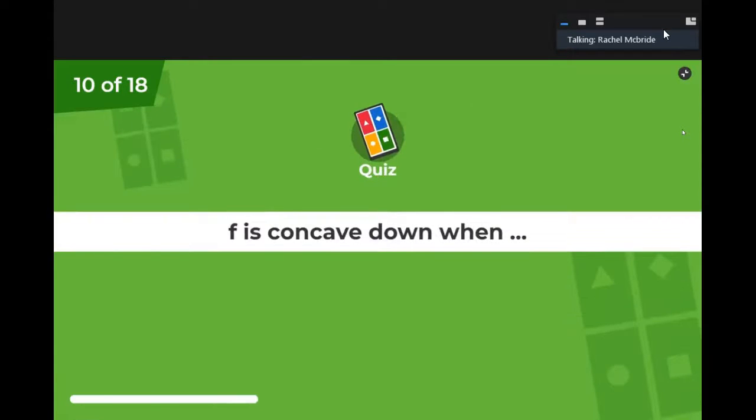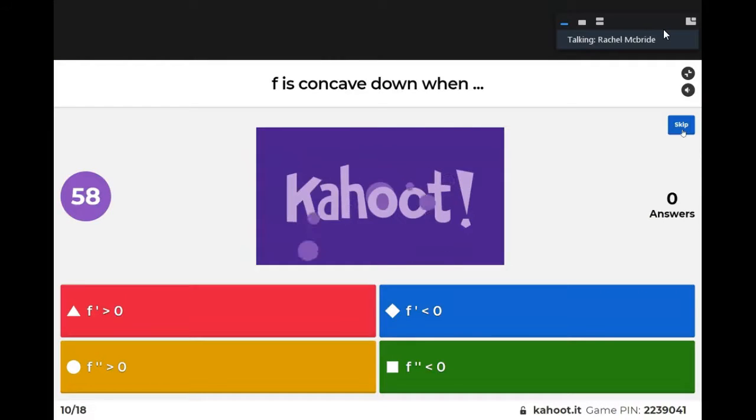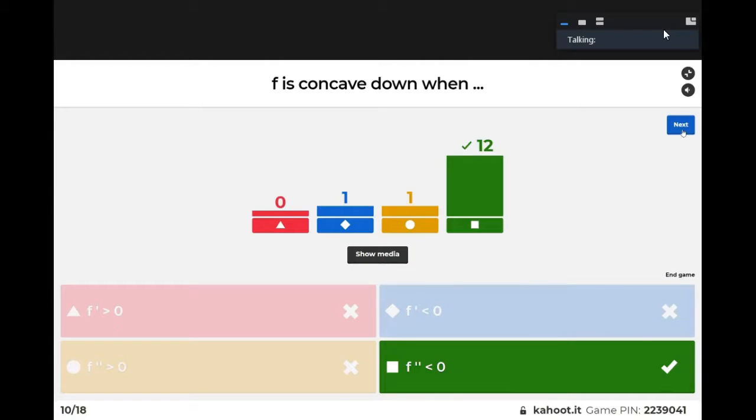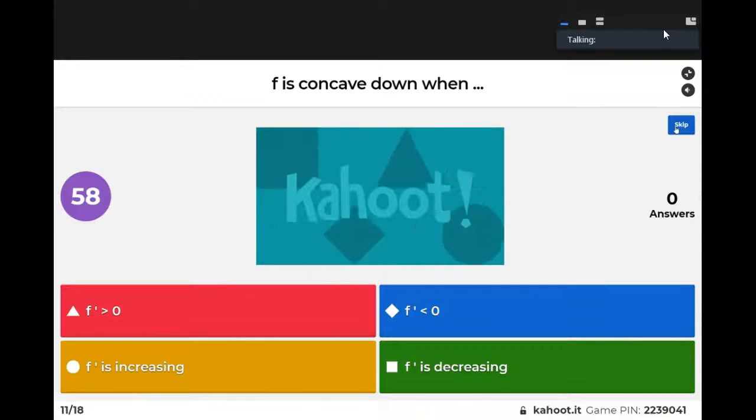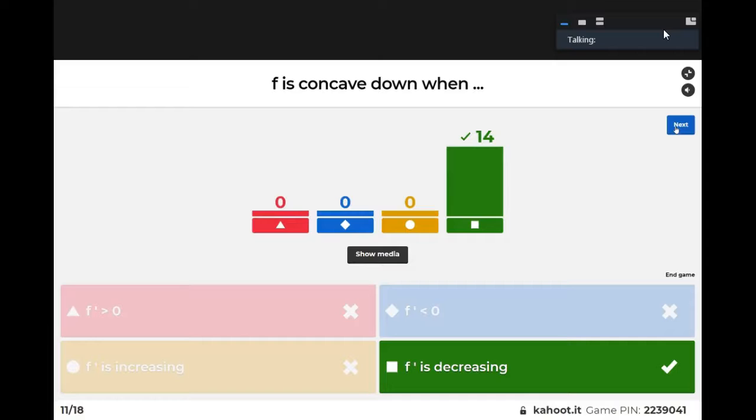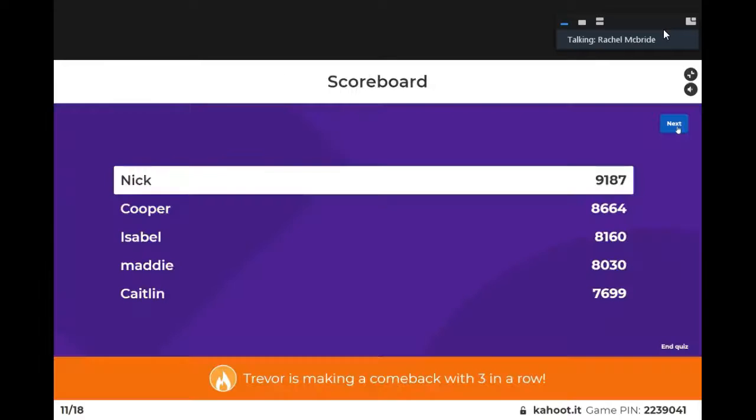Okay, next, 9 in a row. Question 10. F is concave down when, and this is a second instant. F is concave down when. Perfect.